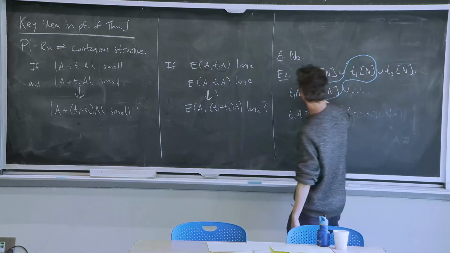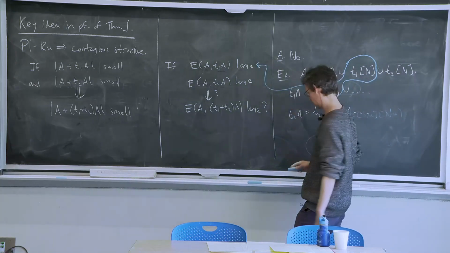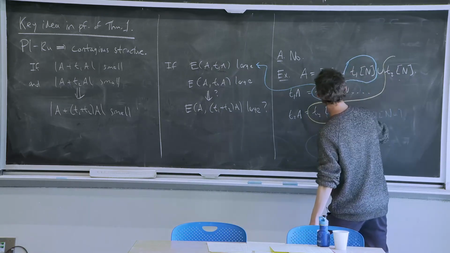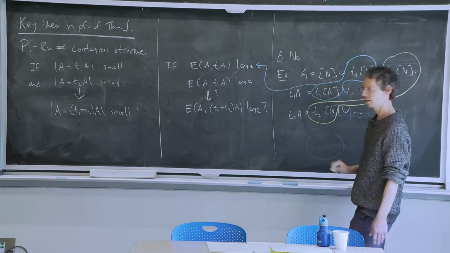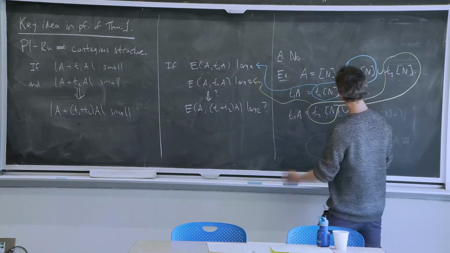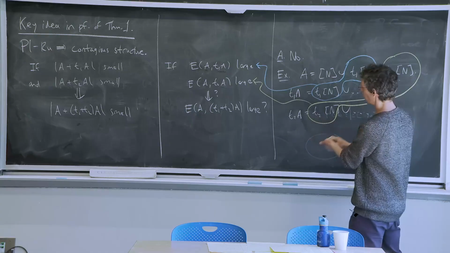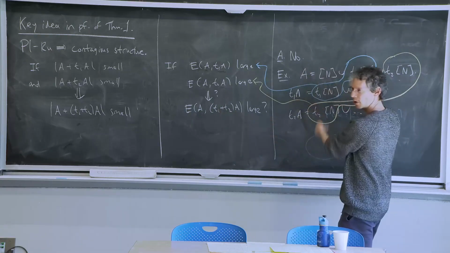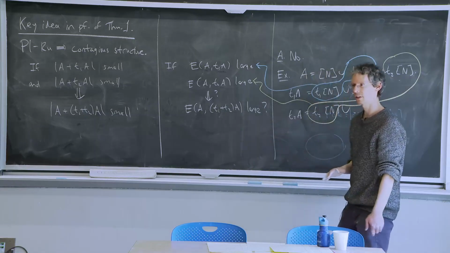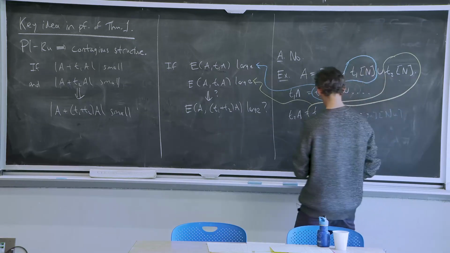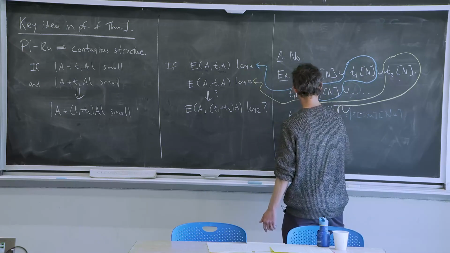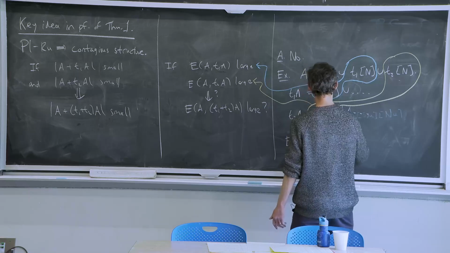And therefore this energy is large. And these two are very friendly, and therefore this energy is large. But there's nothing going on with t1 plus t2. t1 and t2 are totally arbitrary, and for t1 plus t2 we would not typically have this large. All right. E of A, t1 plus t2A is typically small.